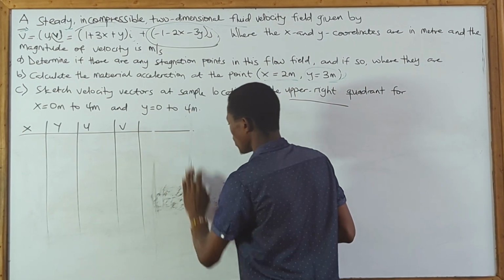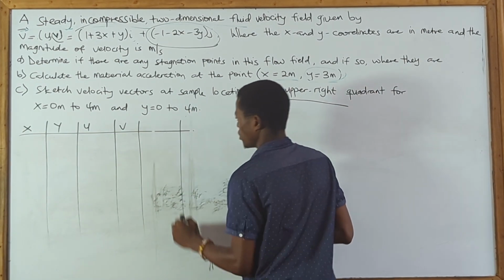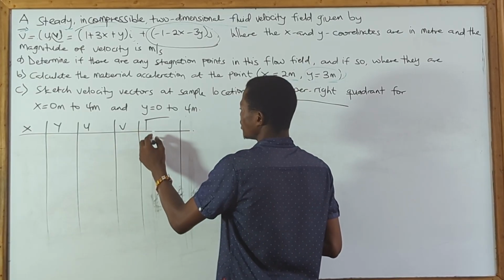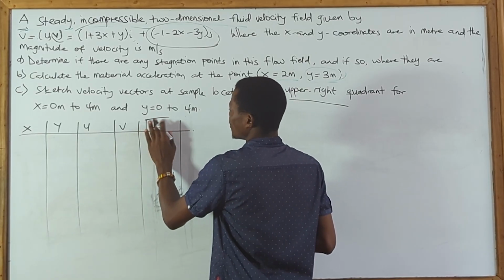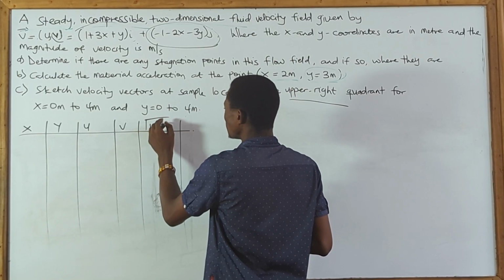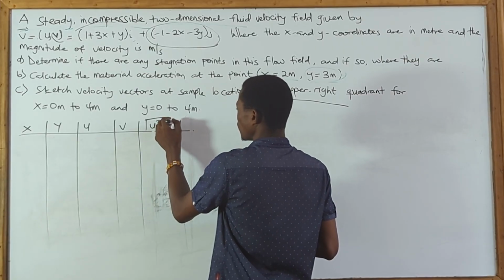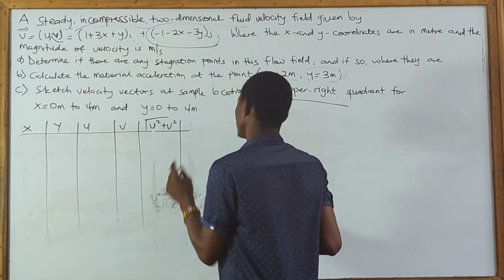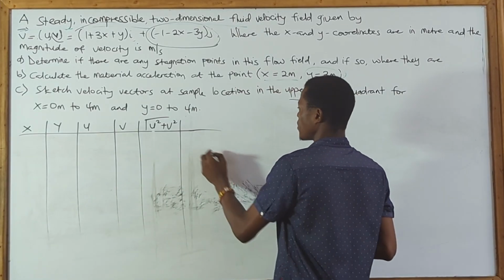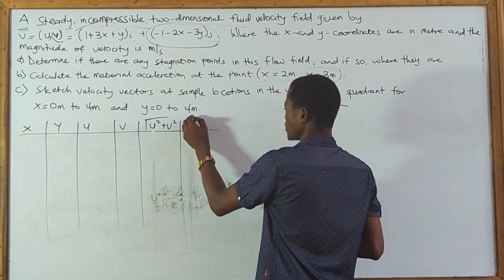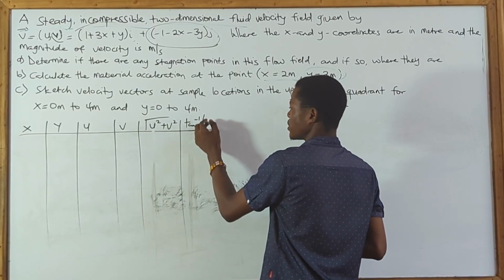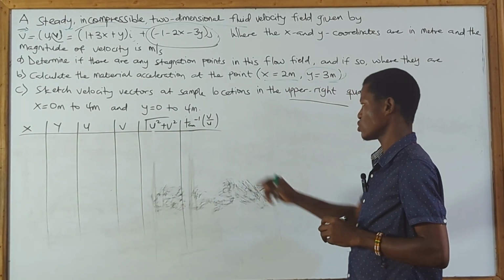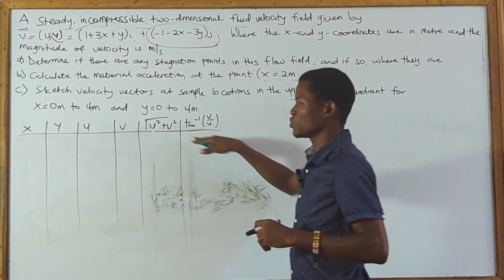Then we have our magnitude, which is the square root of the sum of the squares of the u and the v, all of them square rooted. Then we have our angle, which is tan inverse of v over u. So these are what we are supposed to find.